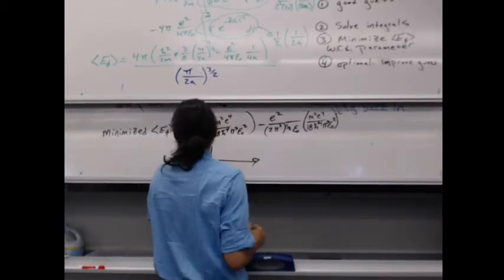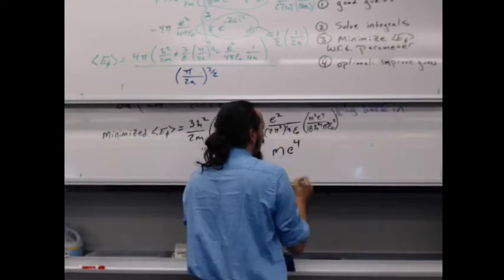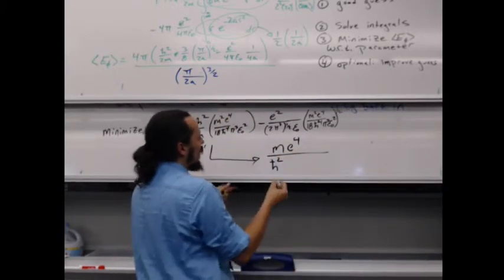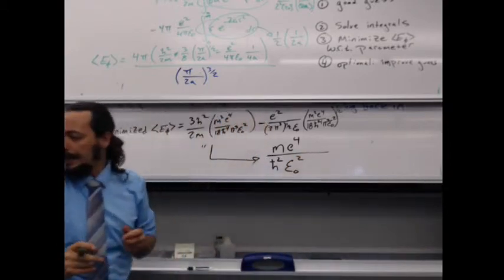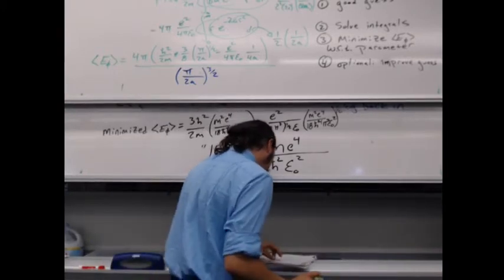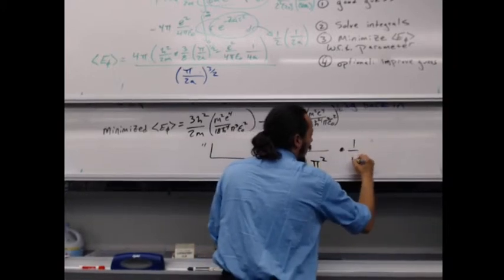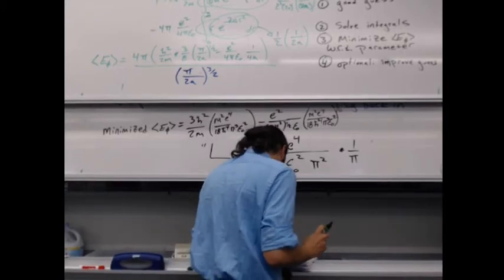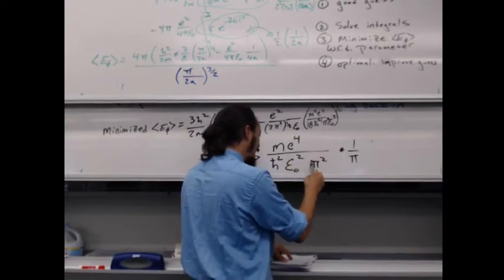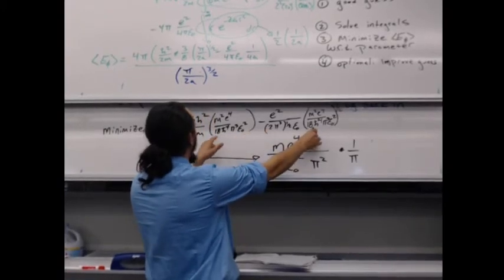I'm going to collect terms again. I'm going to end up with a mass on top, an e to the fourth on top, an h bar squared on bottom, an epsilon naught squared on bottom, and a pi squared. The reason this is important: m e to the fourth over pi squared epsilon naught squared h bar squared, and then this 18 times this 2 to the half.